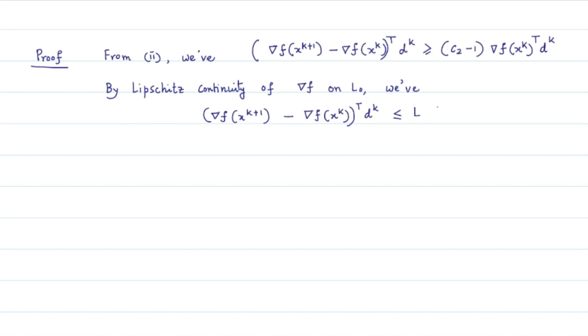So that is capital L times norm of xk plus 1 minus xk multiplied with norm of dk. As xk plus 1 is xk plus alpha k dk, we have further this less than or equal to L times norm dk square times alpha k.